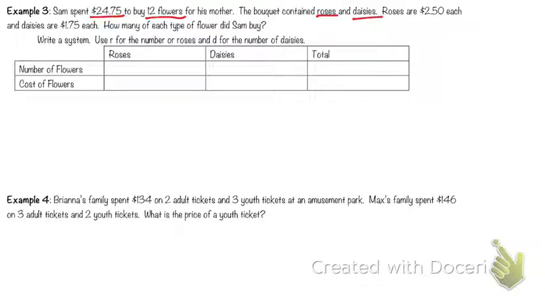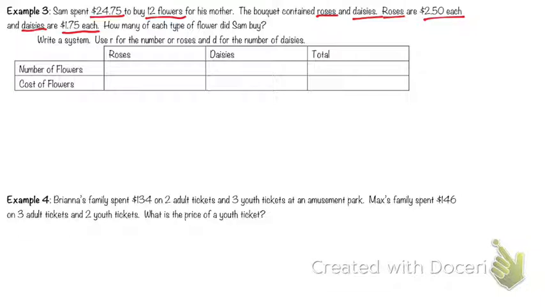Roses and daisies are the two types of flowers, right? Okay, Abby again. Roses, $2.50 each. Okay, what else is good to know here? Daisies, $1.75 each.